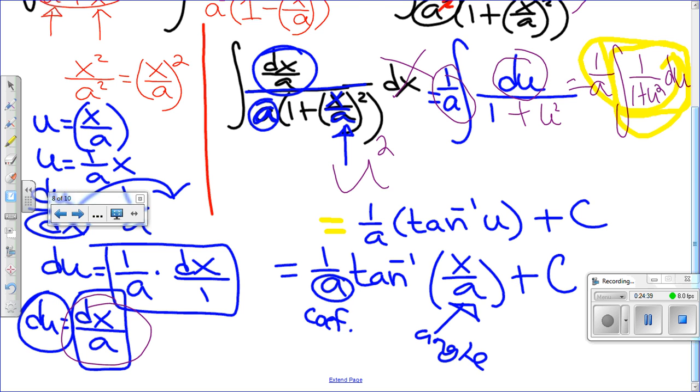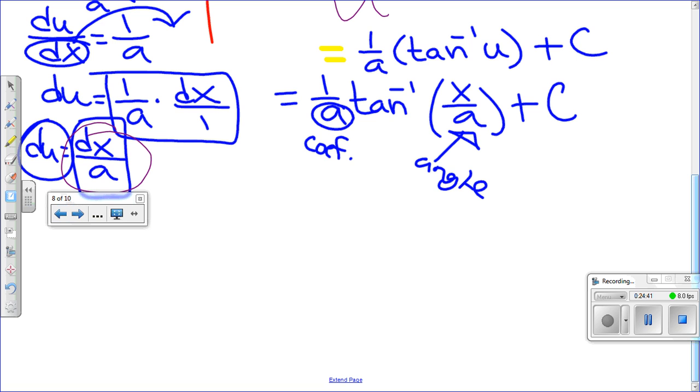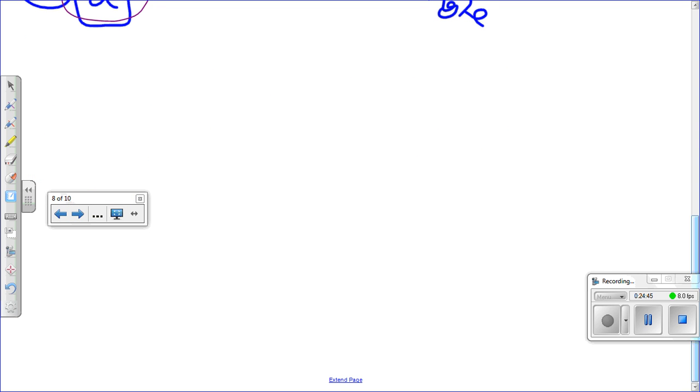Now, in summary, I want you to copy this somewhere where you have space. It will be very useful if you memorize them. And so there are 3 of those integrals. And so if you can recognize them, it will be a lot easier because it will save you a lot of steps.